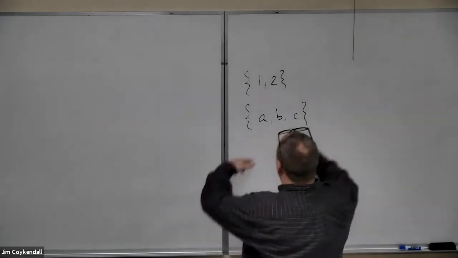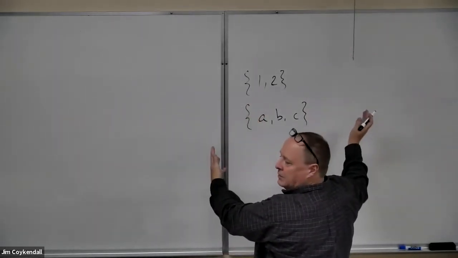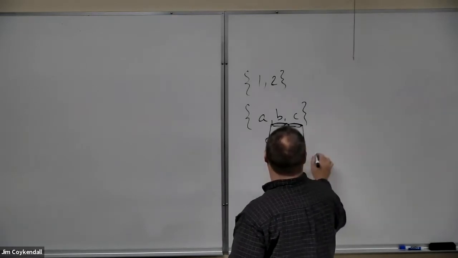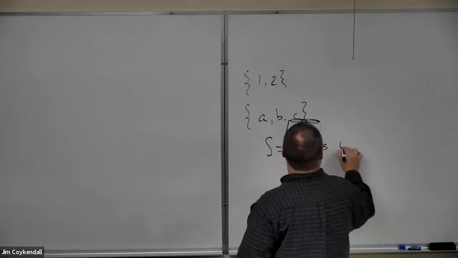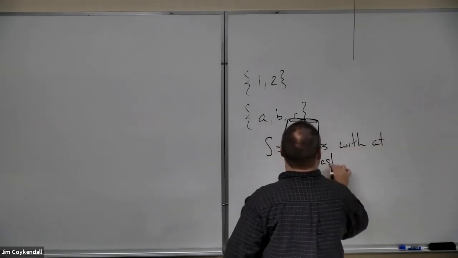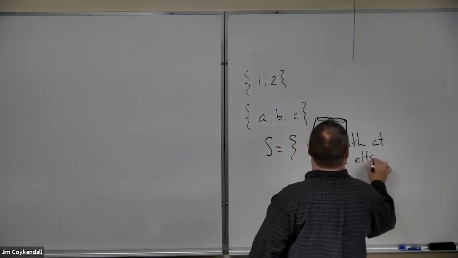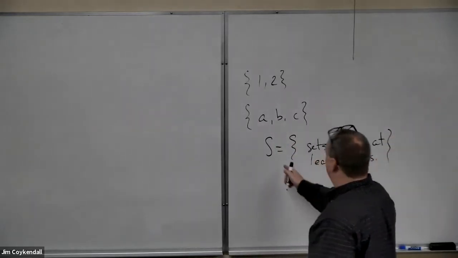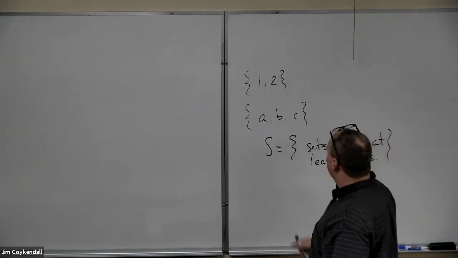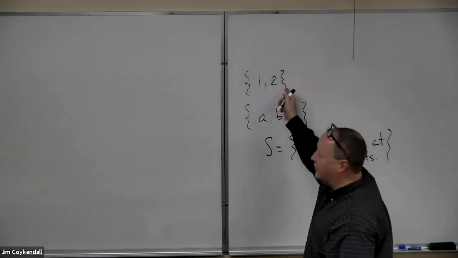Now, if I were to collect every set with 2 things in it, call it S, equal to the set of all sets with at least 2 elements. If this is a set, then it has to contain itself, because 2 elements of S are this and this.